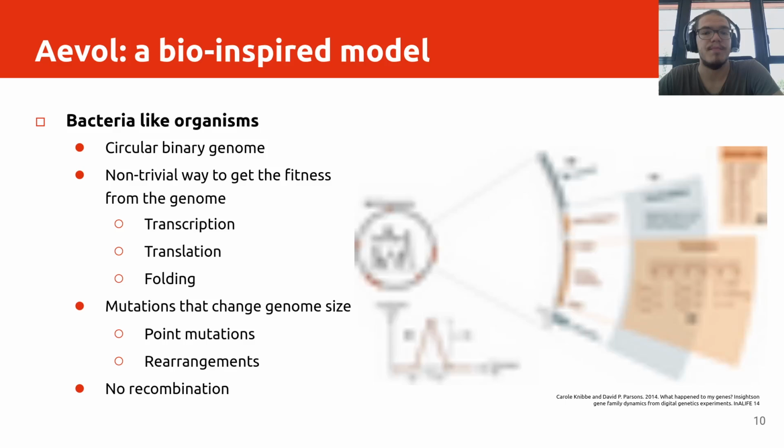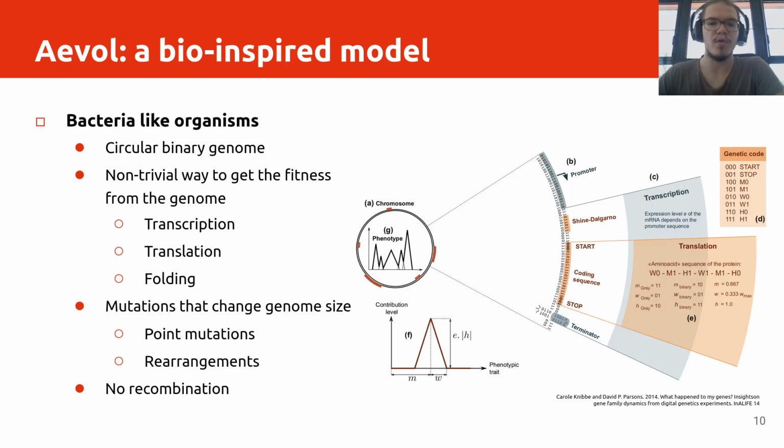The model that we are using is EAHPC. It is a model inspired by the biology of bacteria and mimic features observed on bacteria. The important features are the genome and the mutations. The genome is circular, and the process to get the fitness of an individual from its genome is a bit complex.